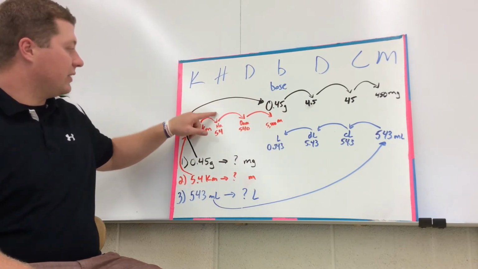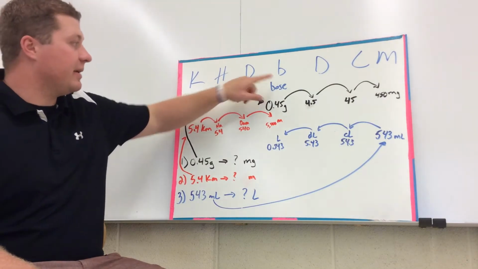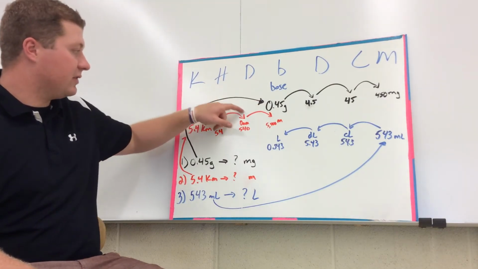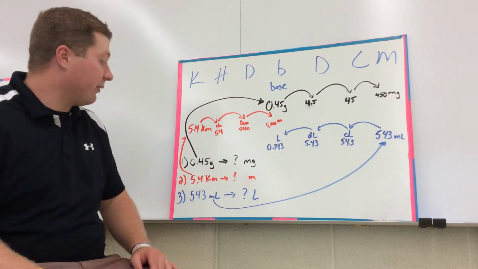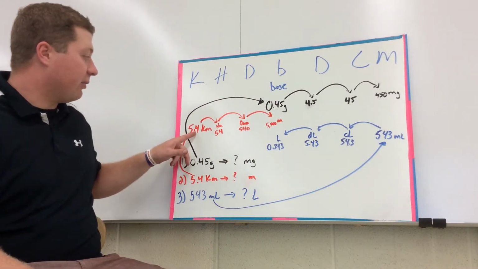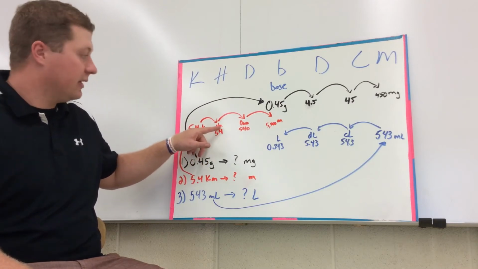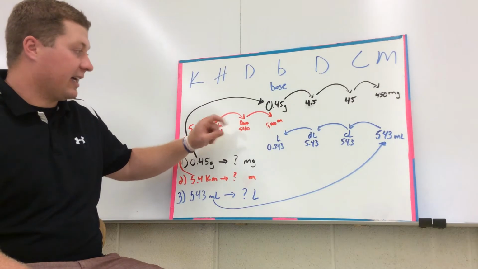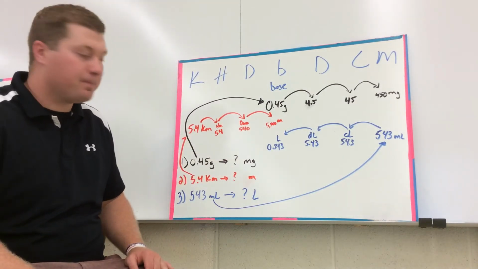Again, it's one jump from K to H, from H to D is the second jump, and from D to B is the third jump. So it's three jumps again: 1, 2, and 3 jumps there. We're jumping to the right, so again we're going to move the decimal to the right. It goes from 5.4 to 54, and that'd be hectometers, then 540 decameters, then 5,400 meters.